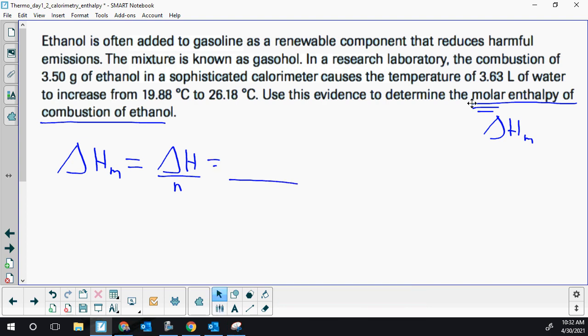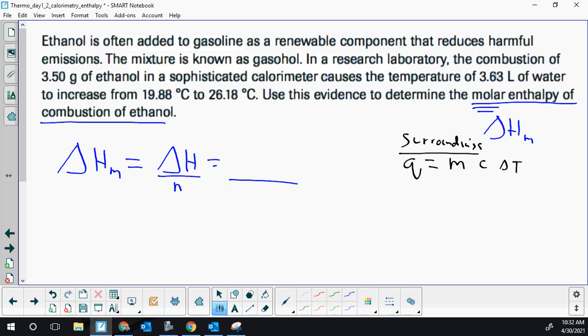Okay. To solve for the enthalpy change in a calorimetry experiment, we need MC delta T, and we need to figure out what the surroundings is. It's often water, but every now and then it's not. So jumping to the middle, the surroundings: ethanol was combusted, but the thermal energy went into 1.63 liters of water.